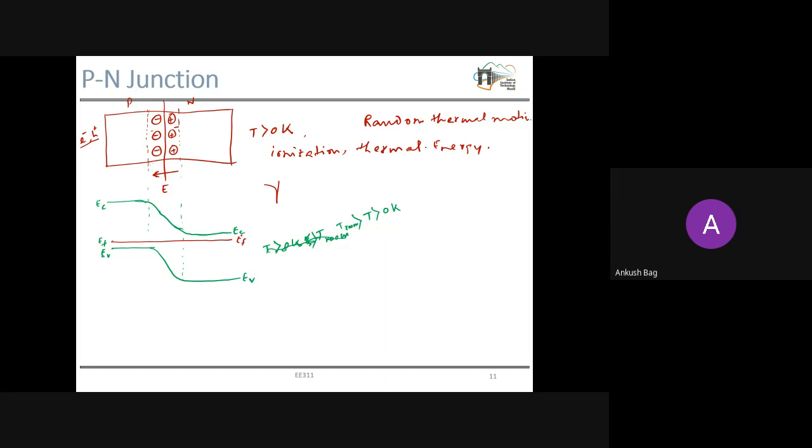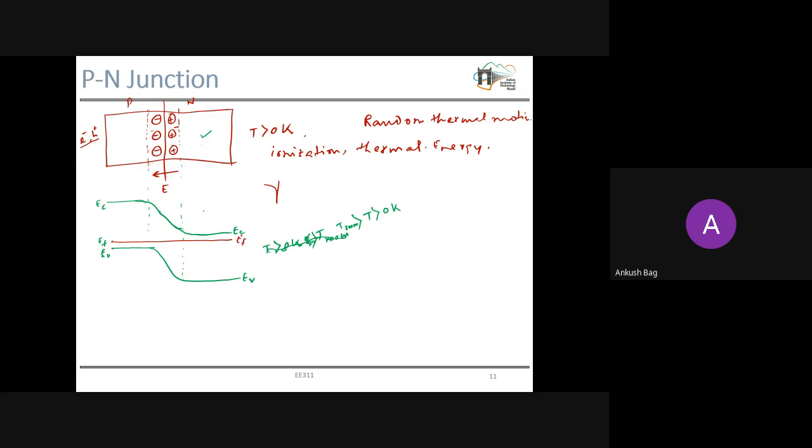So we have this temperature condition. Again, overall, this phenomenon we will observe under thermal equilibrium. Under this thermal equilibrium, there will be carriers on both sides, and those electrons and holes will have random thermal motion due to the thermal energy.